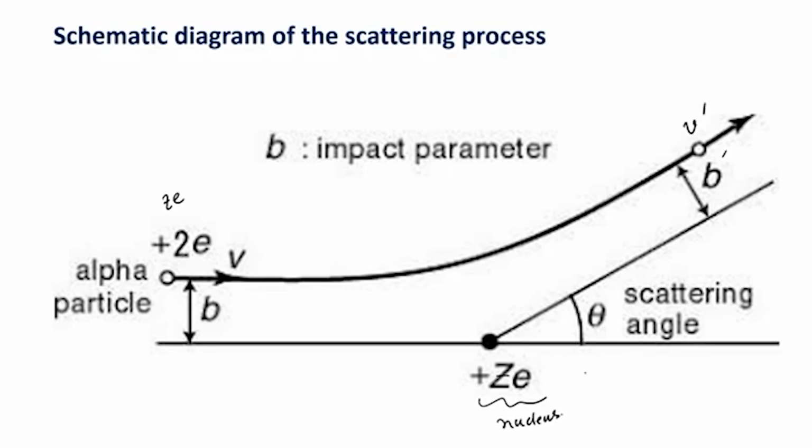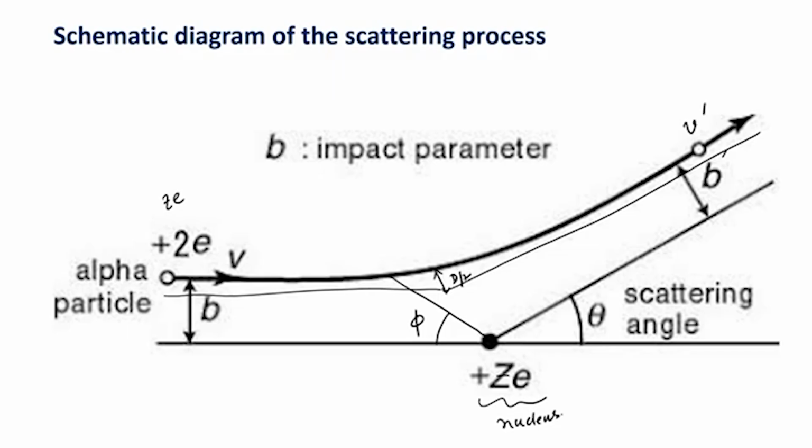And you see that there is a scattering angle, theta, which is measured with respect to the incident direction. Let us talk about another angle, which we call phi, and maybe this perpendicular distance, let us call it d by 2, all of which we will use in the calculation.